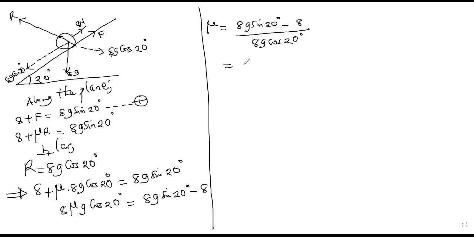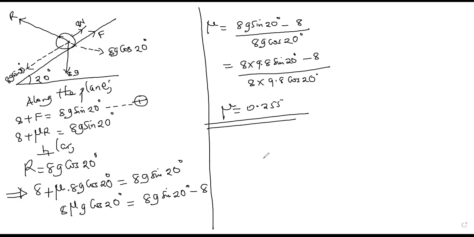Where g is 9.8, so (8 times 9.8 sine 20 minus 8) over (8 times 9.8 cos 20). When you work this out, you come up with a coefficient of friction of 0.255.